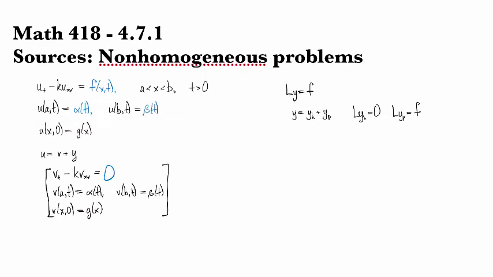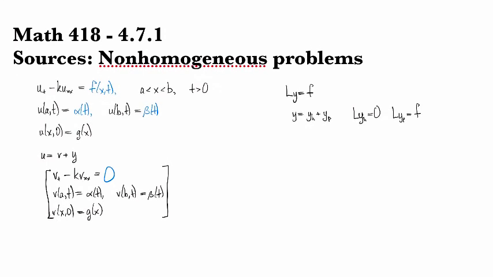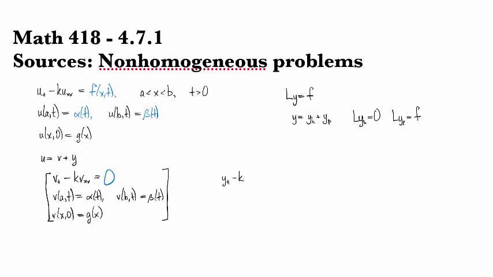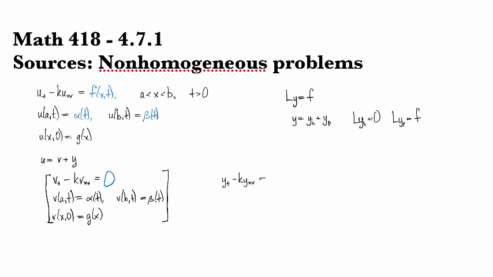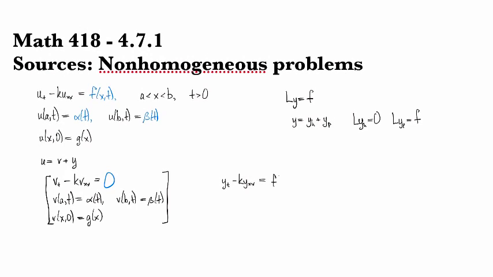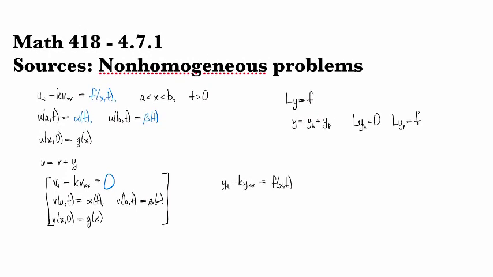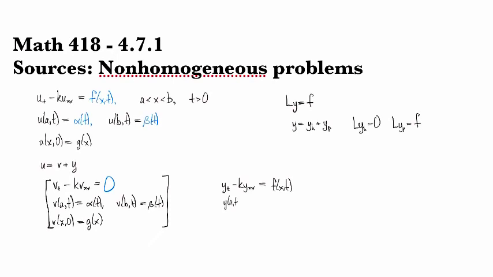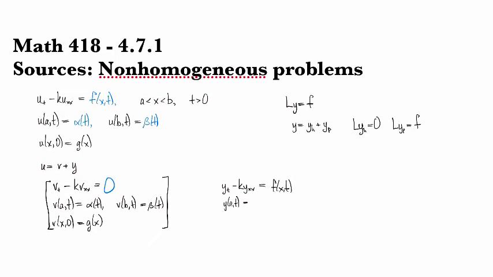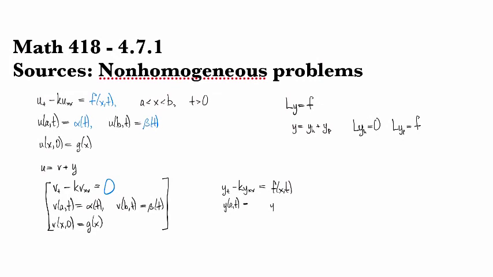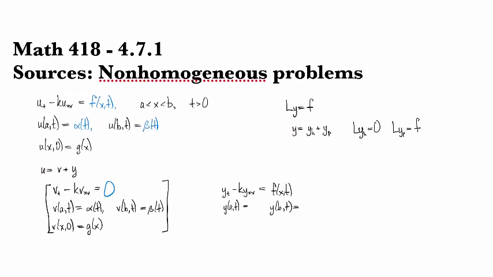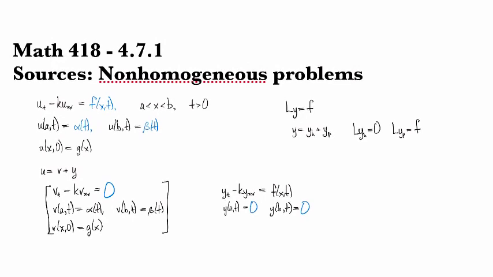And then we will also have a problem for y. So it's got the same PDE, y_t minus k y_xx, and we'll keep the non-homogeneity, the source term, over here. But then we will have the boundary conditions both equal to 0 in this one.